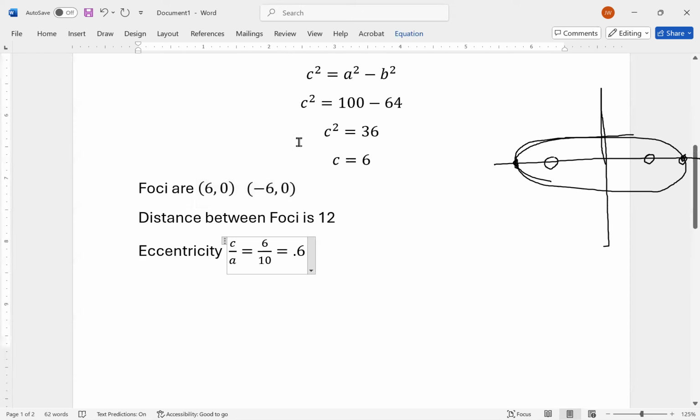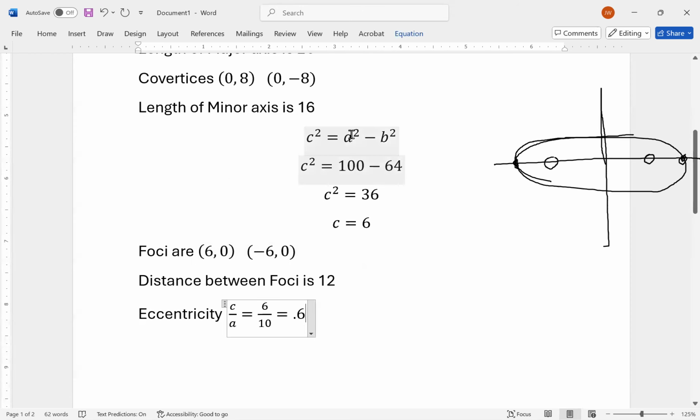In fact, if you think about it, since c squared is always a squared minus b squared, a is going to be the bigger number between a and c. They're both going to be positive, so it's going to be a smaller number in the numerator divided by a bigger number. So it's always going to be between 0 and 1. For an ellipse, that eccentricity is always between 0 and 1.